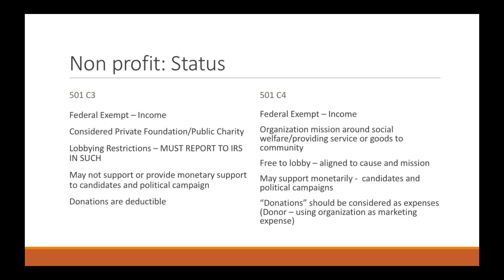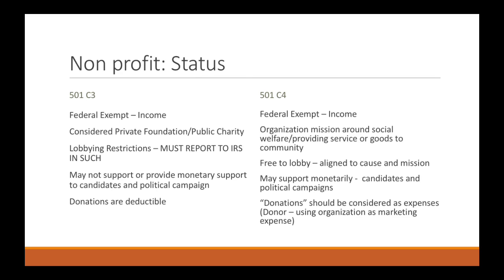Now, to decipher specifically the financing as well as operation aspect of a C3 or C4, there are clear differences. The very similar one is that both organizations under the C4 or C3 classification are federally exempt for income. So that means there's no need for taxation. Any income that comes into the organization is kept there, and there will be no taxes placed upon it.